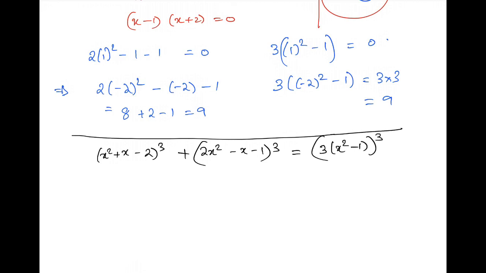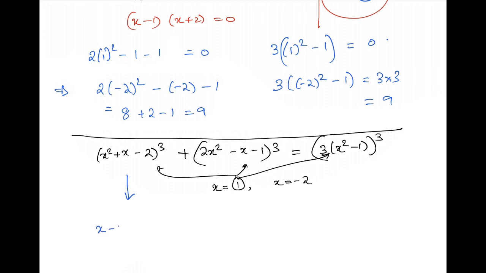And Fermat's last theorem says, or that particular investigation gave us two solutions, x equals 1 and x equals -2. And x equals 1 makes all these three things 0, which is very useful in this case, because I can factorize x minus 1 out from each of these pieces. And that is actually very straightforward. We don't even need Fermat's last theorem to find that out.